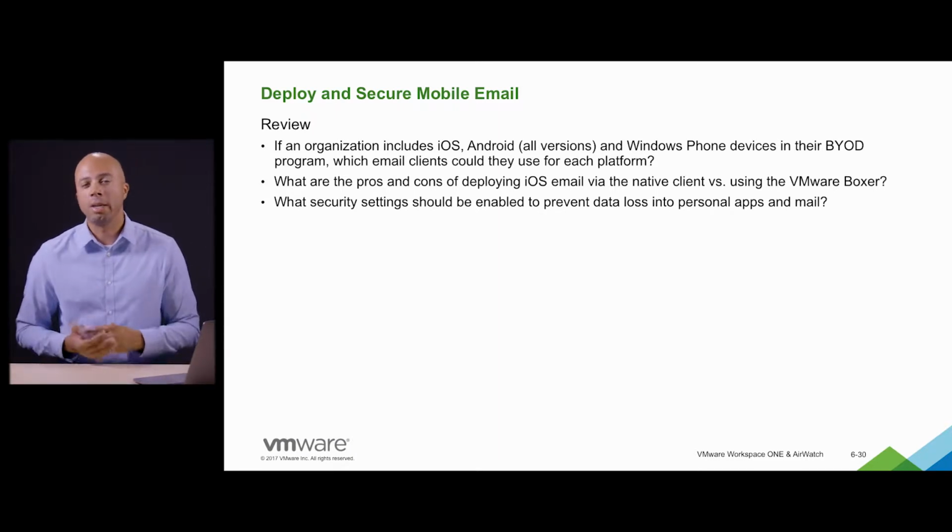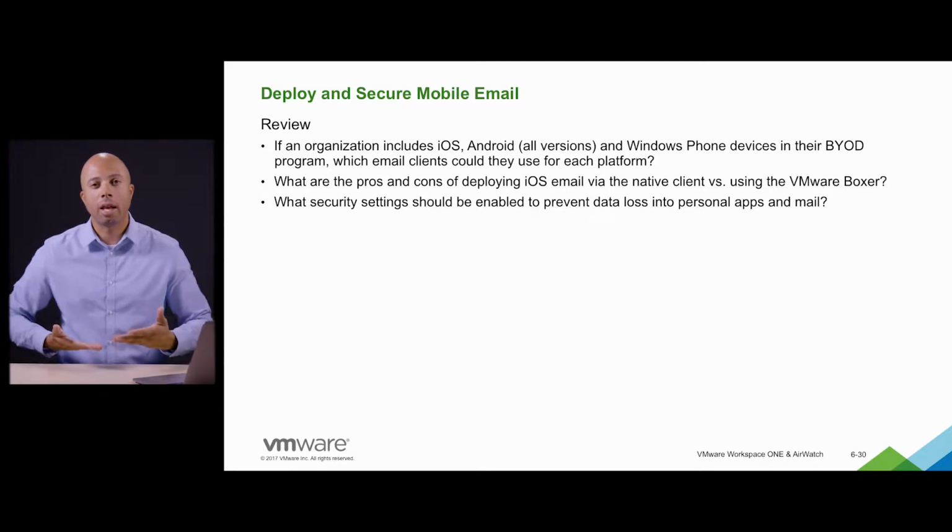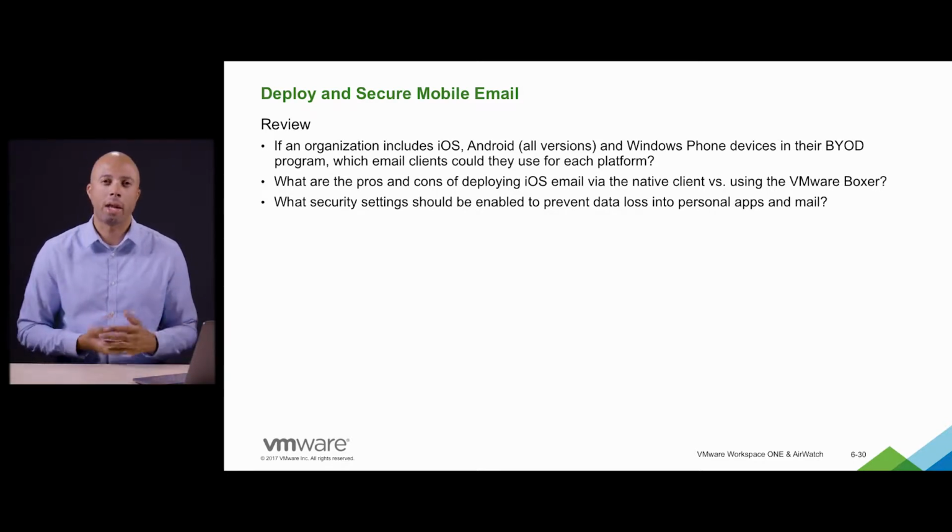If we go over to the native email client, this is only available for certain devices, and it's free of charge, but guess what? It doesn't have the password protection. So that would be a huge con for the native email client. The benefit of the native email client is that it is great for users if they're uncomfortable with using a third-party application, or you don't want to push down an extra application like Boxer.